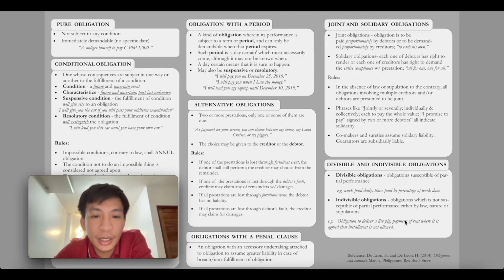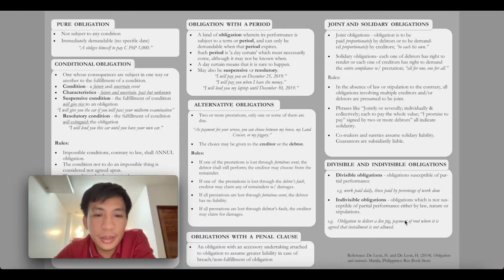So what can the creditor do? Anong pwedeng gawin? So pwedeng pumili between the house and the Land Cruiser pa. Okay. Sino ang mamimili doon? The creditor daw. Okay.